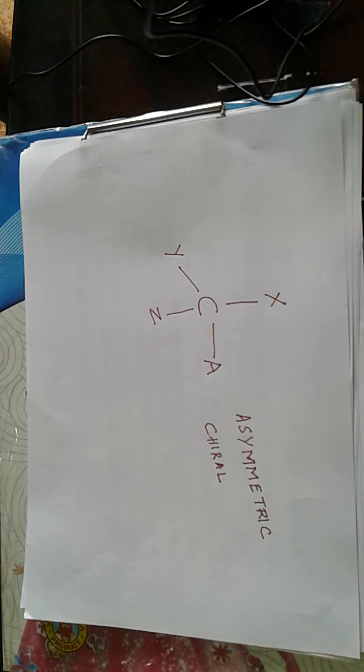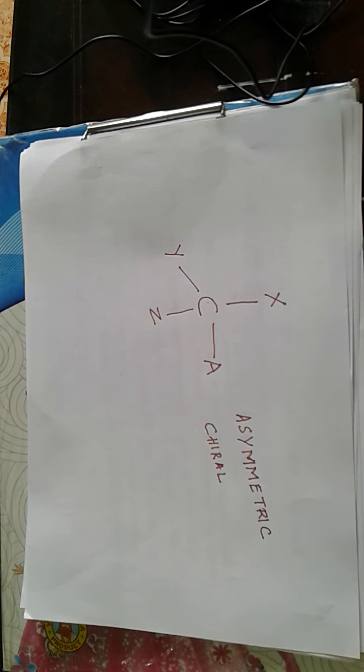Now, for assigning a priority to the groups, we select those atoms of the group which are directly bonded to the chiral or asymmetric carbon. And if the atom directly bonded to the asymmetric carbon has a higher atomic number or atomic mass, then we can say it possesses a higher priority.